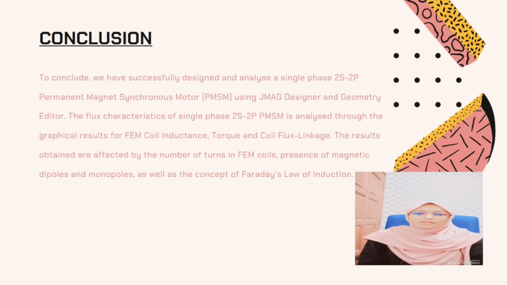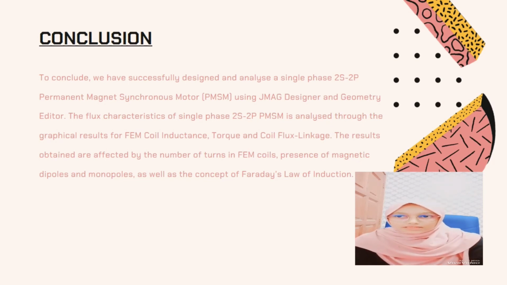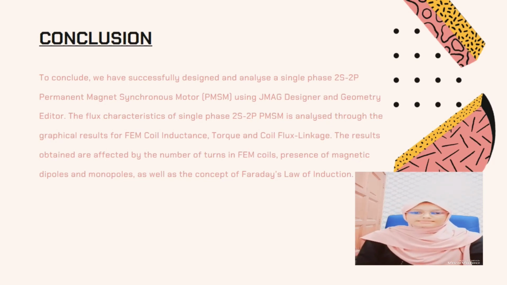What we got in this project 2 is we have successfully designed and analyzed a single phase 2S 2P permanent magnet synchronous motor, PMSM, using JMAG Designer and Geometry Editor.